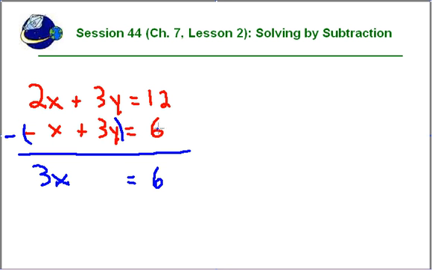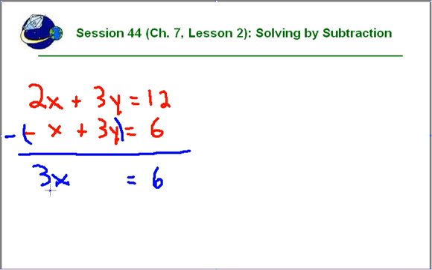They look different. 6 looks different than minus x plus 3y, but we're told in this equation that minus x plus 3y has the same value as 6. They're equal to each other. Therefore, we can subtract the 6 from the right and the minus x plus 3y from the left, and we have not altered the equations at all because they are both equivalent values.